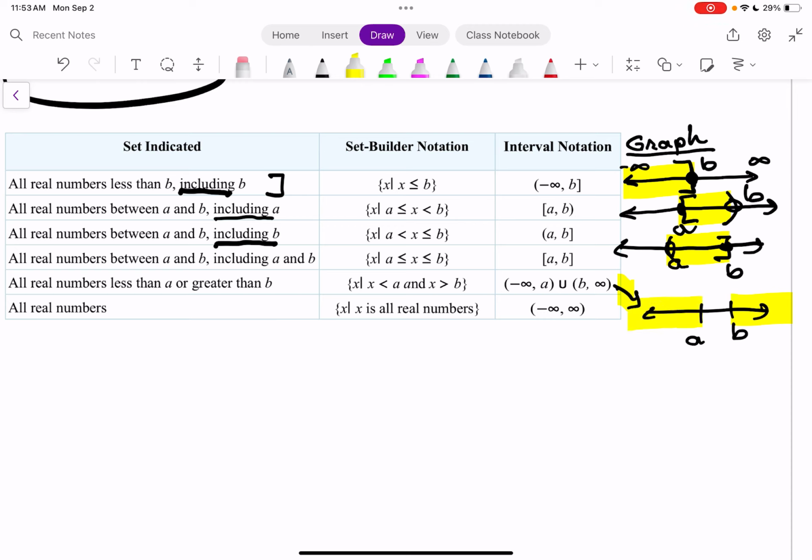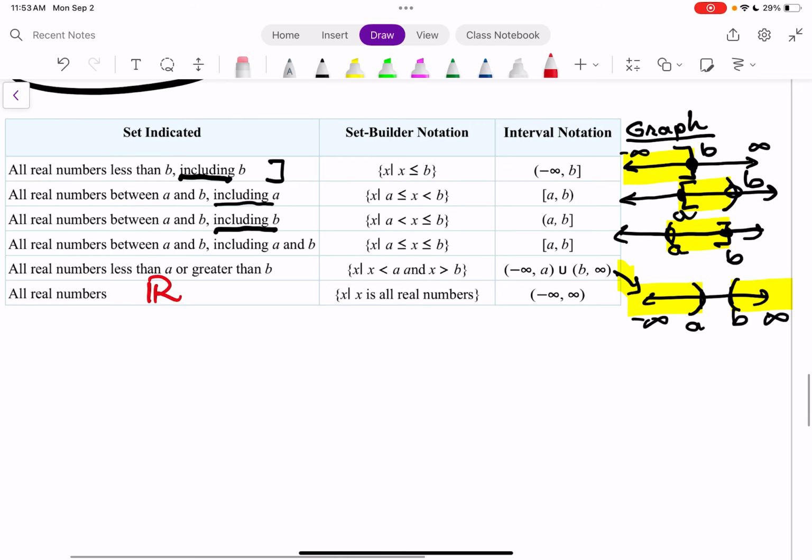Less than a, so to the left of a, and greater than b, so to the right of b, and none of them are included, so those endpoints are not included. That's why we put parentheses. So all real numbers, remember, we put an R, means anything from negative infinity to positive infinity.